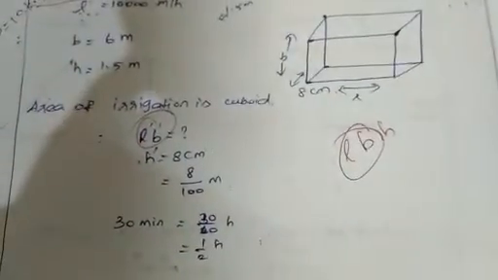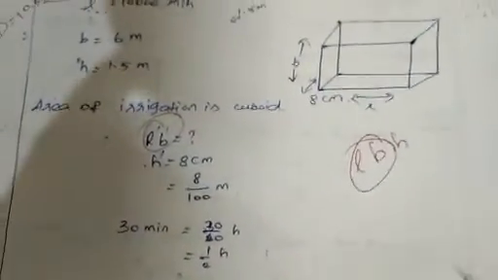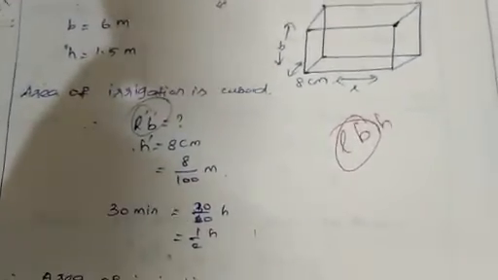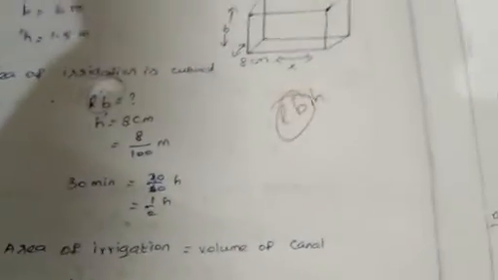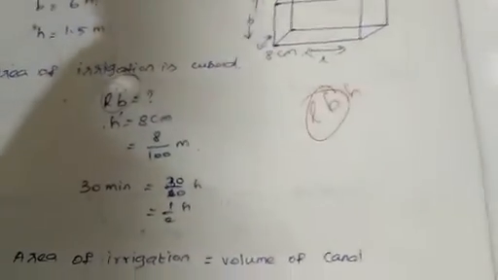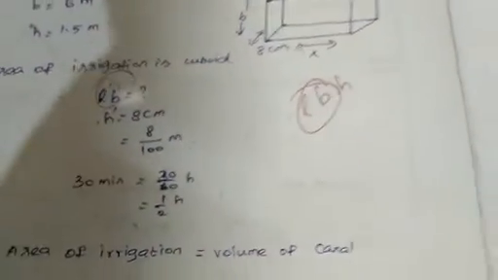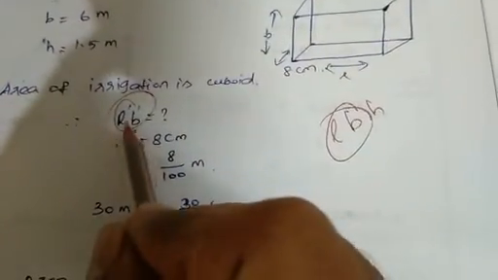LB is the area of the rectangle, that is the area of irrigation. Area of irrigation means in one side view it indicates area. So one side of the cuboid, we are going to look at, is nothing but one side area. So here area indicates LB, that is L dash B dash.